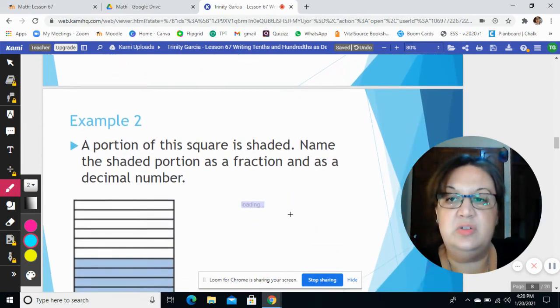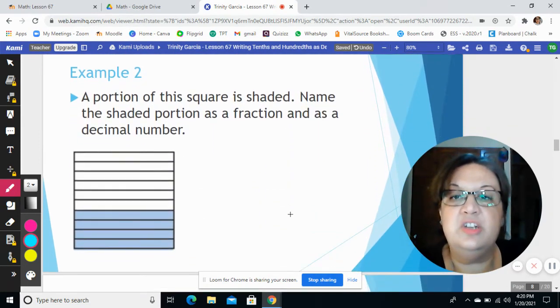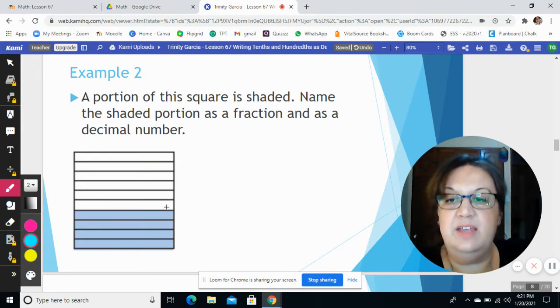Example 2. A portion of the square is shaded. Name the shaded portion as a fraction and as a decimal. Okay, so let's count 1, 2, 3, 4, 5, 6, 7, 8, 9, 10. So we know 10 is going to be our denominator on the bottom of our fraction, and then it tells us to name the shaded portion. So 1, 2, 3, 4.